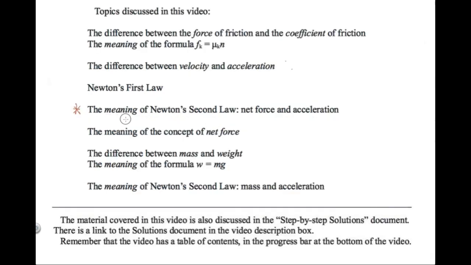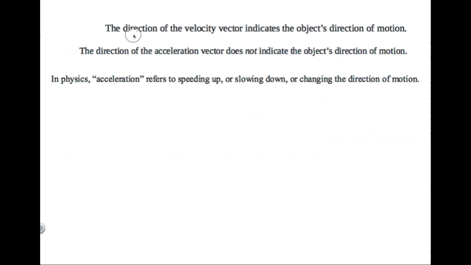Now, let's discuss the meaning of Newton's second law. To review, the direction of the velocity vector indicates the object's direction of motion. The direction of the acceleration vector doesn't indicate the object's direction of motion. Instead, acceleration refers to speeding up or slowing down or changing the direction of motion.